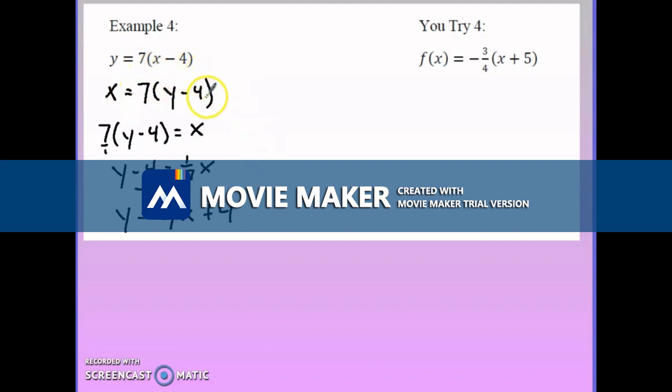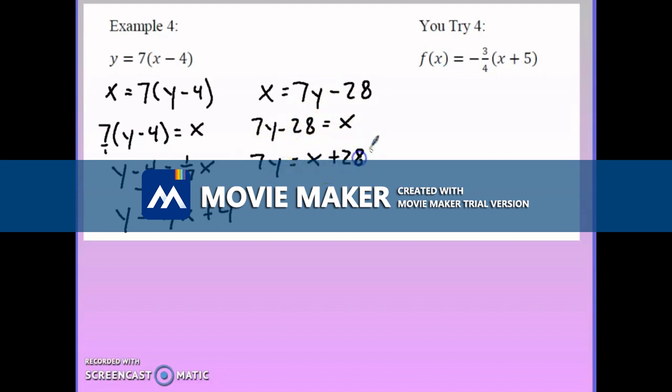Now, if you distribute, that becomes a whole different problem. You'd get x equals 7y minus 28, right? The 7 times the 4. Switch it around: 7y minus 28 equals x. Then you would take the 28 over: 7y equals x plus 28.